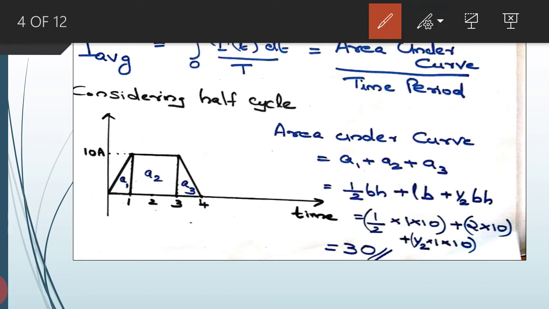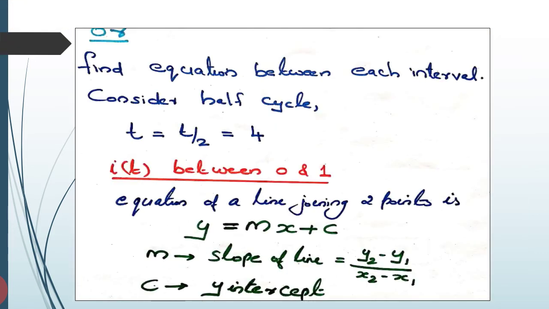To find the equation for the line, we have y equal to mx plus c, where m is the slope of the line and c is the y-intercept. The slope of the line is given by y2 minus y1 by x2 minus x1.